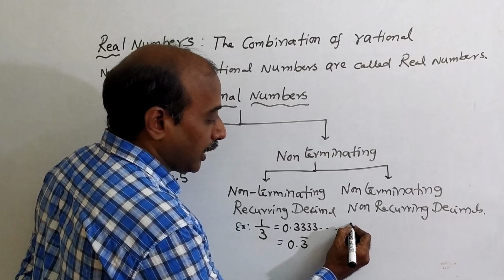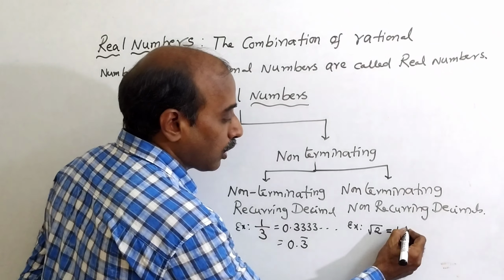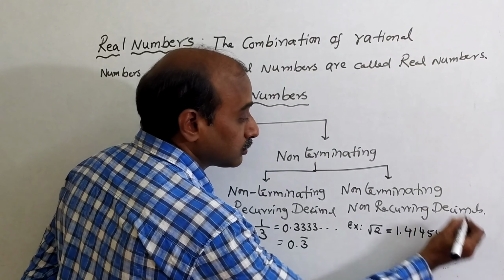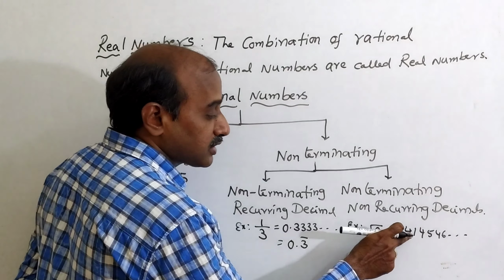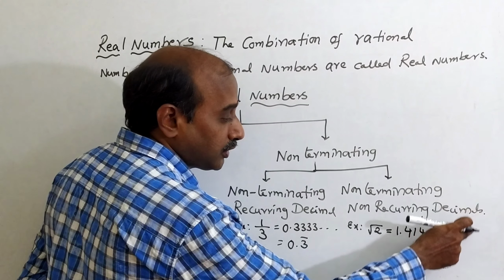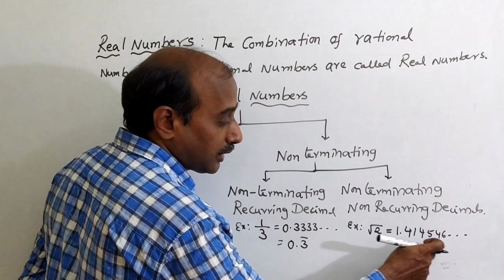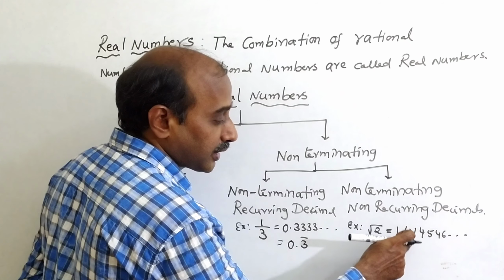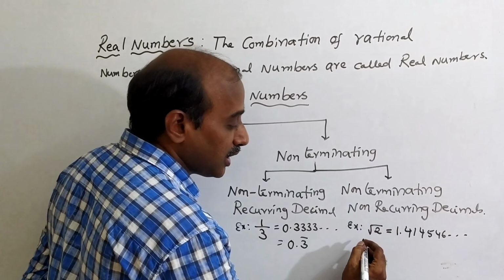Okay. Now for example, the value of root 2 is equal to 1.414546 and so on. Now here you can observe the digits after the decimal point are not repeating, and it is non-terminating. The numbers are continuous and not repeating. So these are called non-terminating non-recurring decimals, which we call irrational numbers.